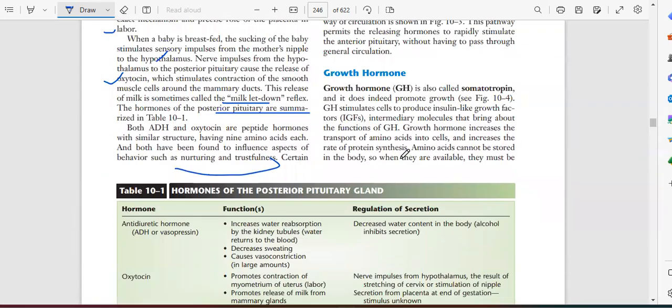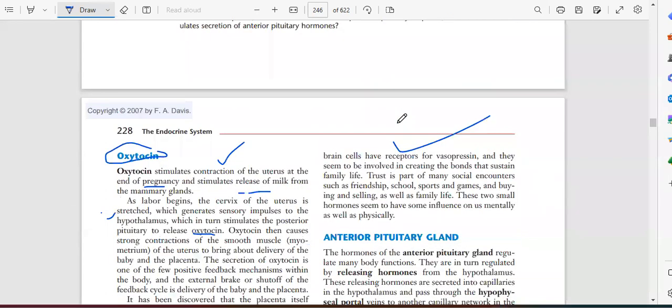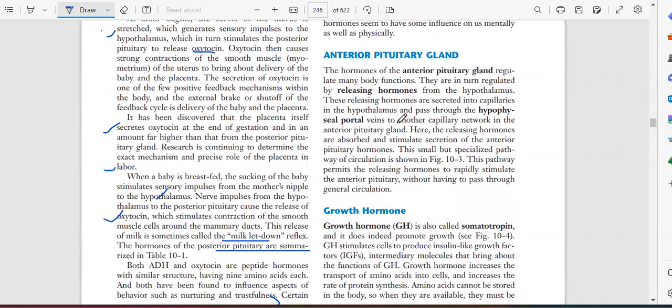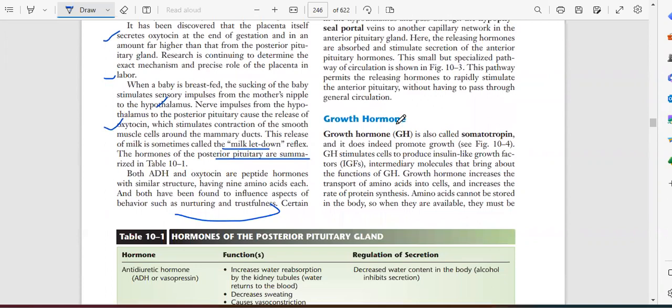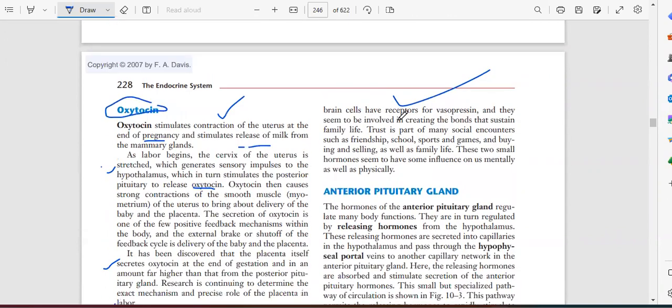So basically, how do ADH and oxytocin influence our life? Whatever trust or nourishment we are getting, the bonding with another person, is because of this harmony.